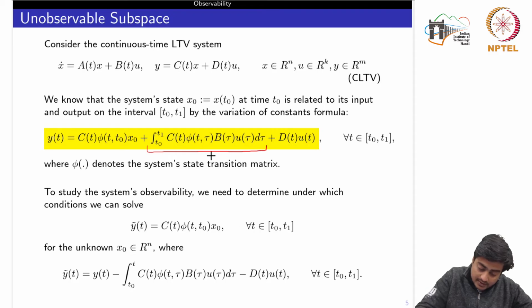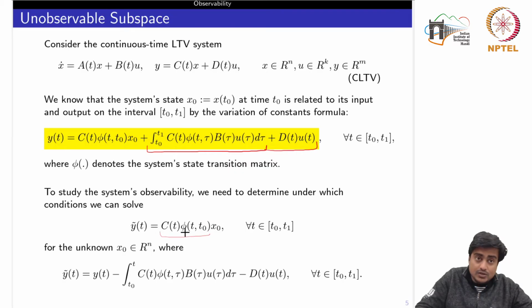So if I take this complete term onto the left hand side and define y tilde as y(t) minus this whole term, for all t during the interval T0 to T1, I can write y tilde equal to C times phi times x0, where C is my output matrix and phi is the state transition matrix. And I want to find out x0, for example. Again, I cannot take the inverse of this part.